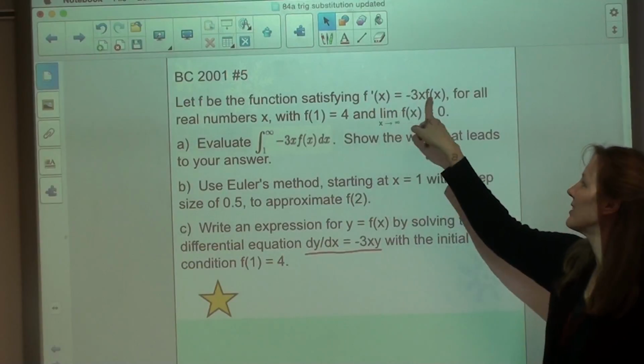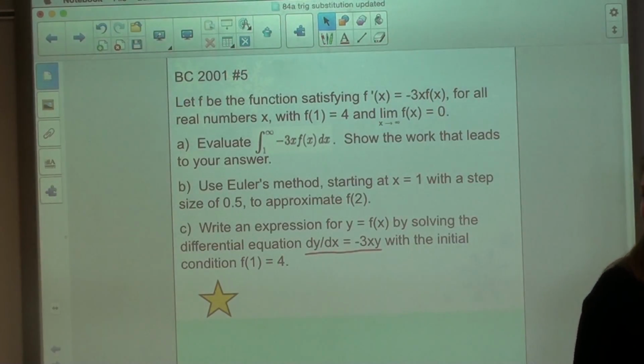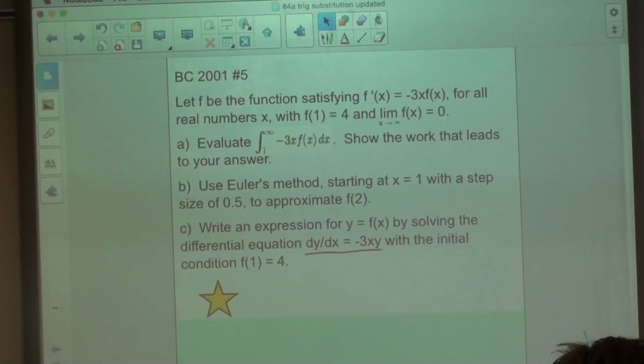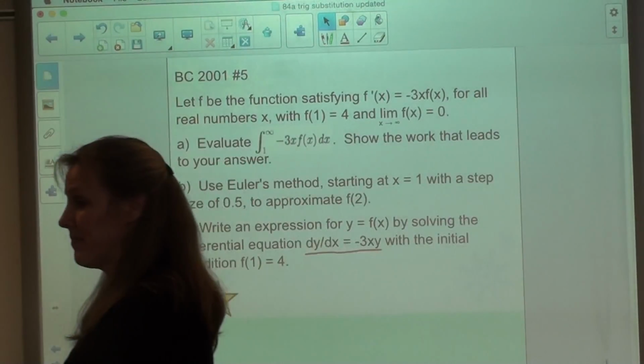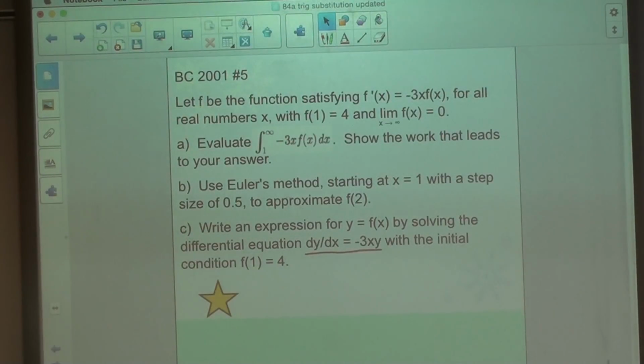The key for A is the integral of f prime. Well, no, you gotta actually... you got it.